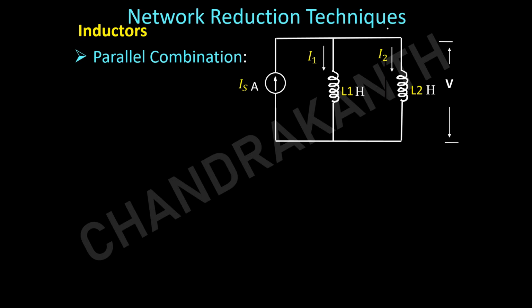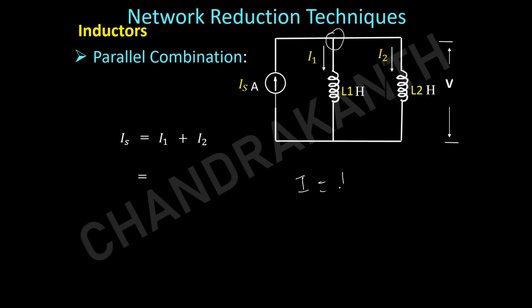So if you apply KCL at this node point, the sum of the entering currents Is equals the leaving currents I1 plus I2. Now we need to write the current expression. Again we require the base equation. What is the current equation for the inductive element?